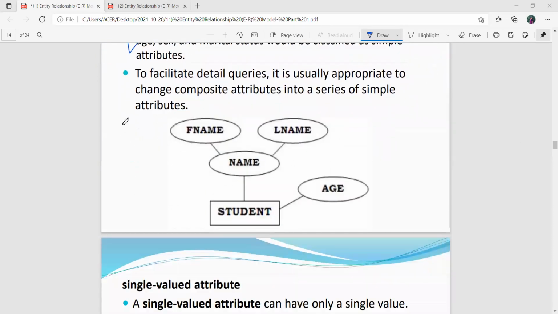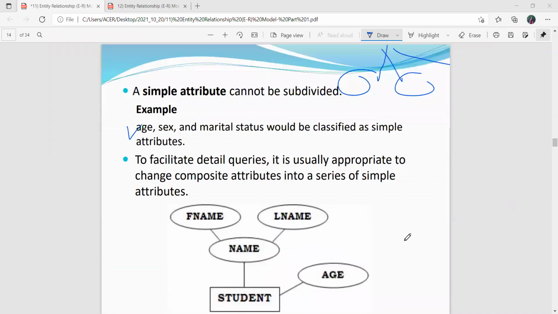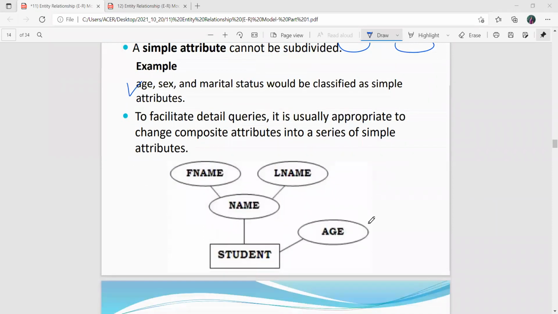You can see a small diagram, that means an entity and its attributes. So, identify the composite and the simple attributes. What is the simple attribute of this diagram? Age. What is the composite attribute? Name.